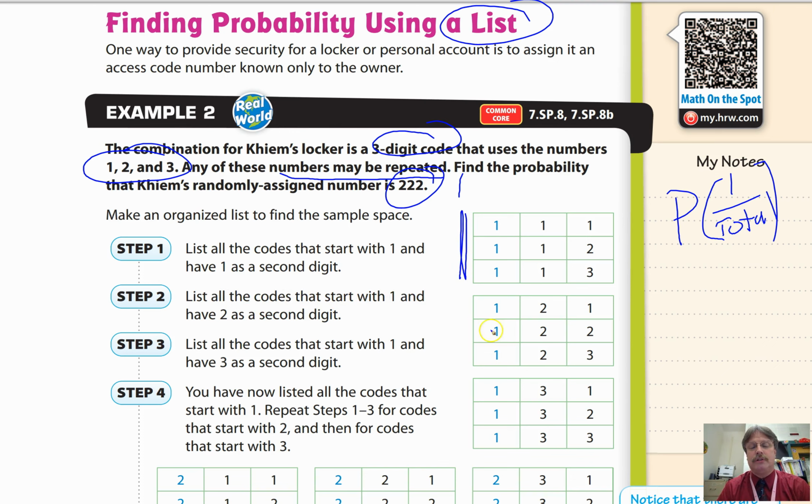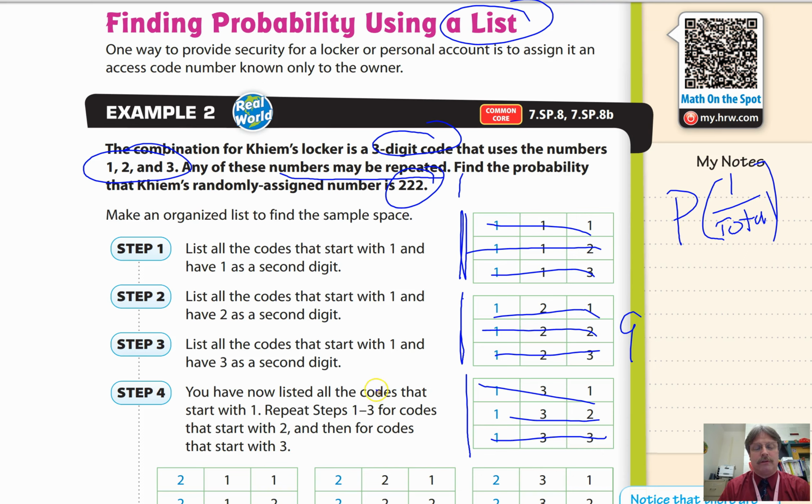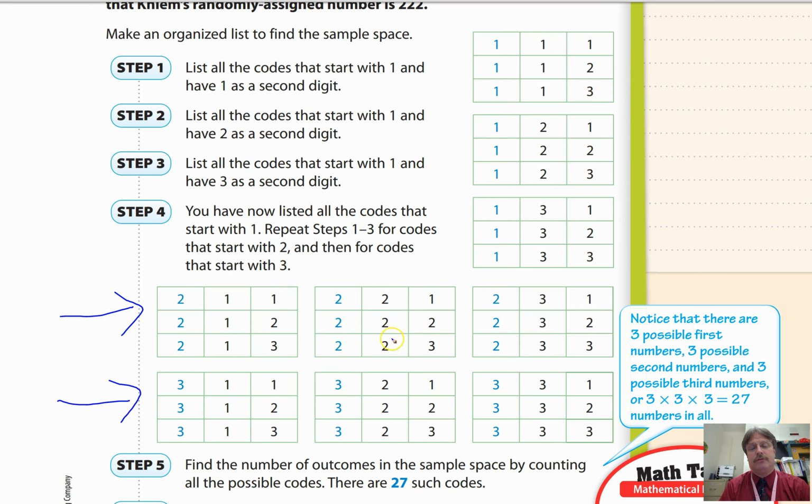Then we have to repeat that for the 2's and the 3's, and we do the same thing. Looking down here, they don't have all the lists for number 2. They have these lists going horizontal like this. They did the 2s, and then the 3s, each with 1, 2, 3.